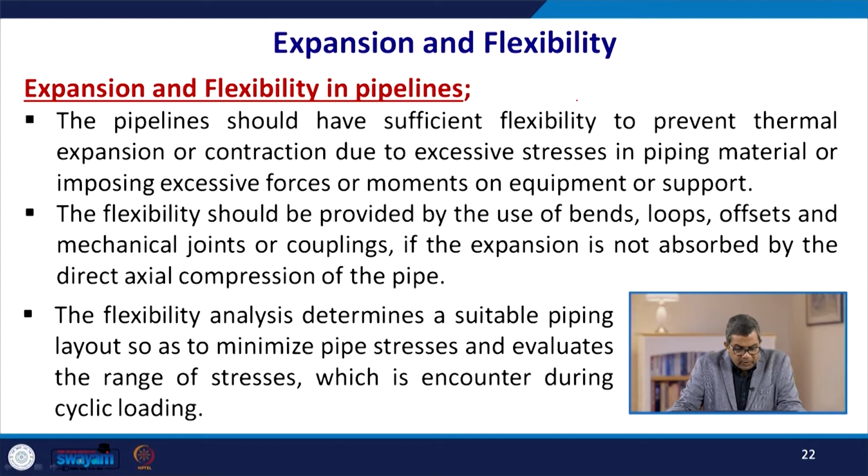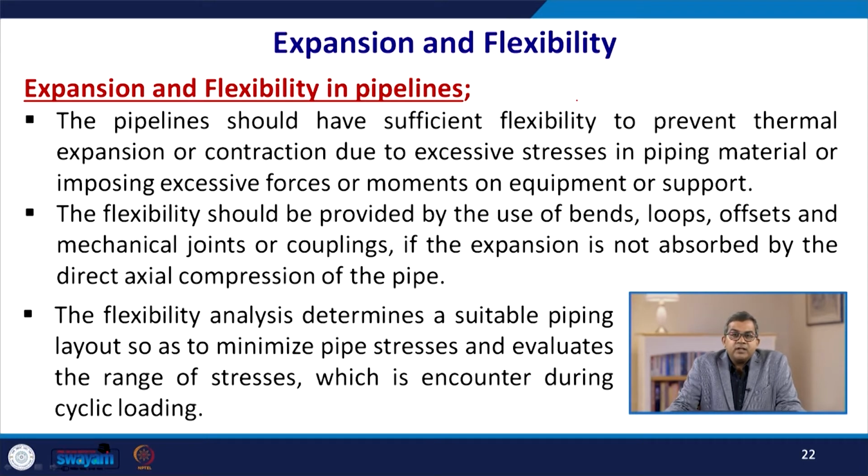Now, let us talk about the expansion and flexibility. The pipeline should have sufficient flexibility to prevent thermal expansion or contraction from causing excessive stresses in piping material or imposing excessive forces or movements on equipment or supports.